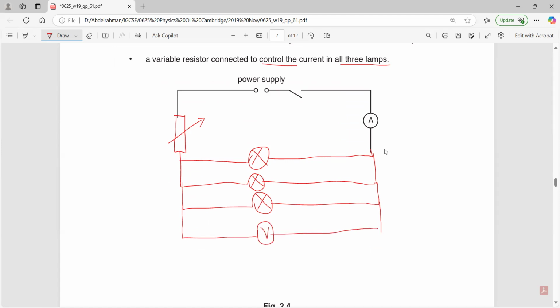You can switch the position of the first lamp with the voltmeter, or any lamp, in fact, as long as the voltmeter is connected in parallel to these three lamps. They will all have the same potential difference.